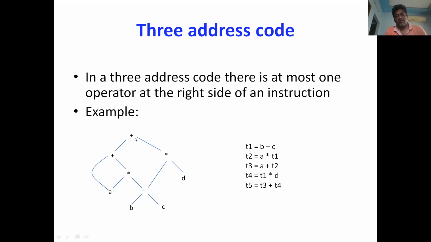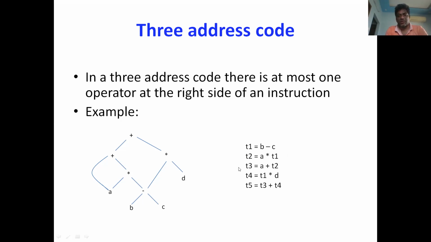And finally, we perform this operation of t3 plus t4, where t3 is representing this entire expression and t4 is representing this expression. So t3 plus t4 will be t5. So this is how three address codes can be generated.